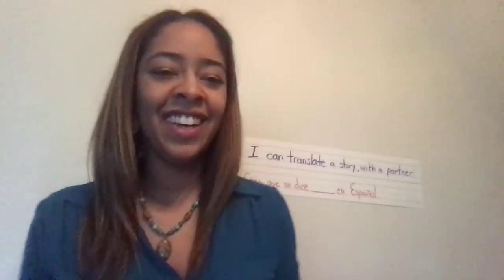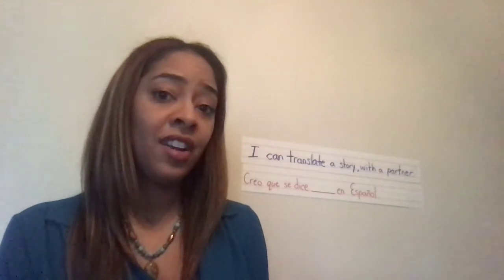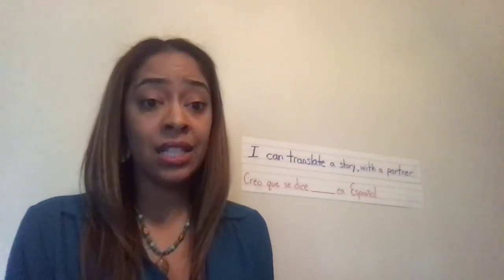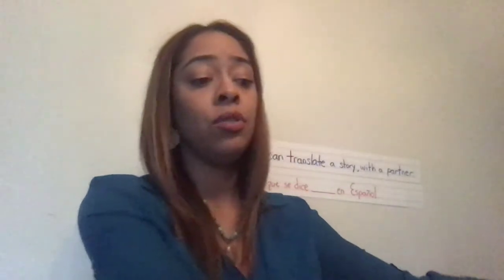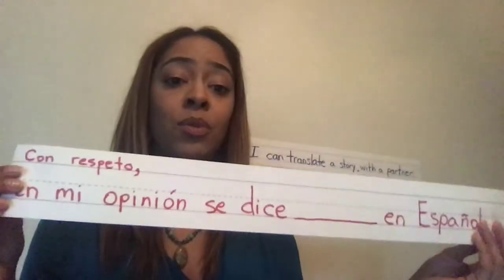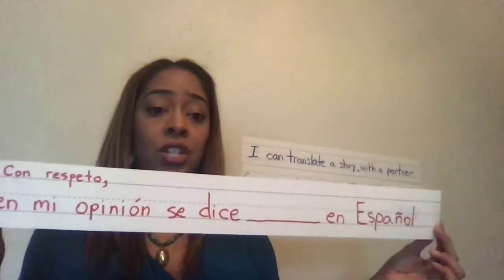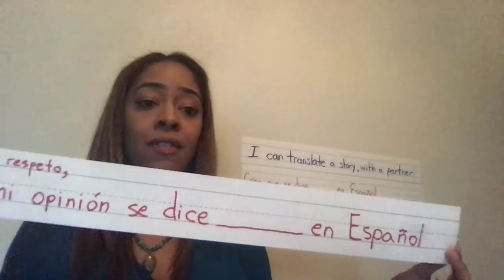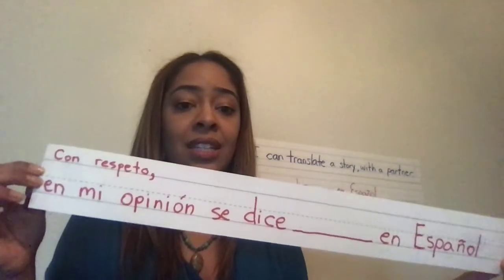Good job. Now, if you and your partner are translating together and someone disagrees with the other person, then you can use a different sentence stem to disagree respectfully. We always want to watch our tone and how we're talking to our friends and treat each other with respect. So here we have, con respeto, en mi opinión, se dice blank en español.